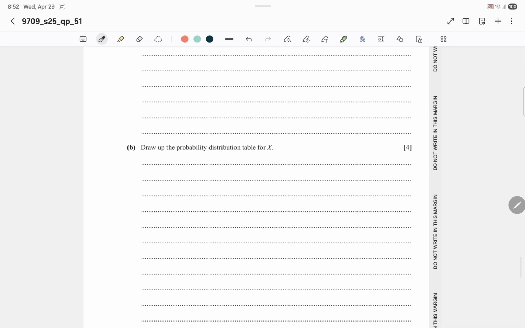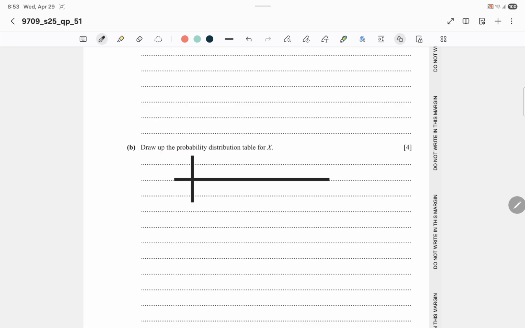Now, probability distribution table. How many blue marbles can you actually choose?